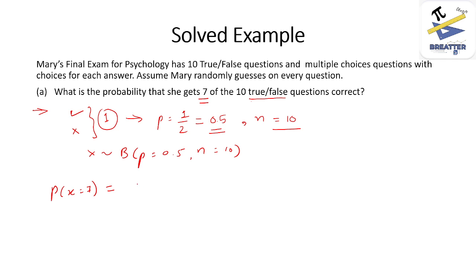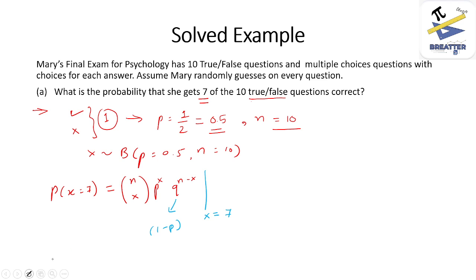Here we will use the probability mass function, that is nCx p raised to x q raised to n minus x. Again, I have told that q equals 1 minus p and x equal to 7.